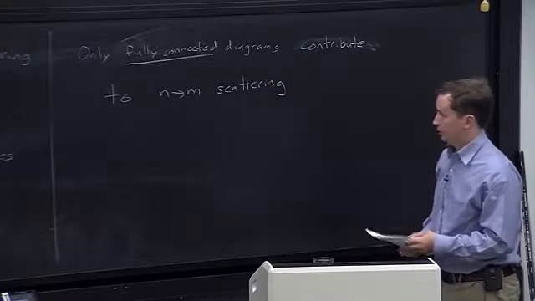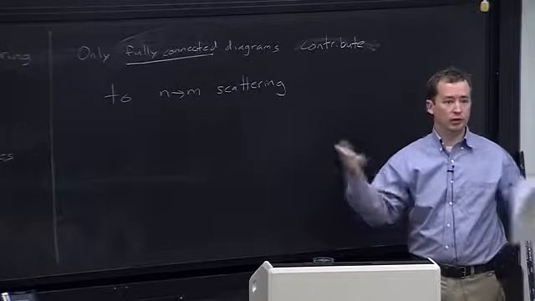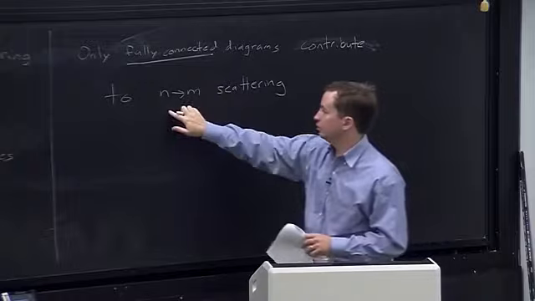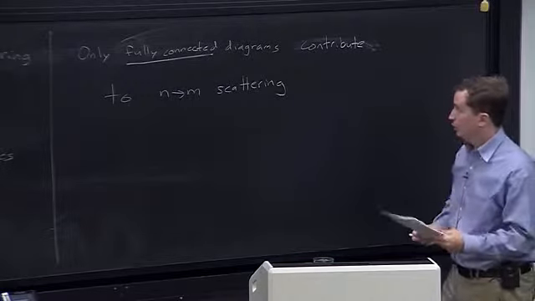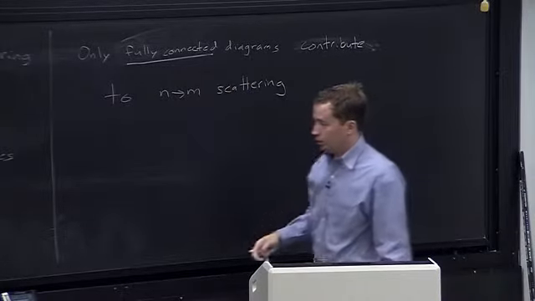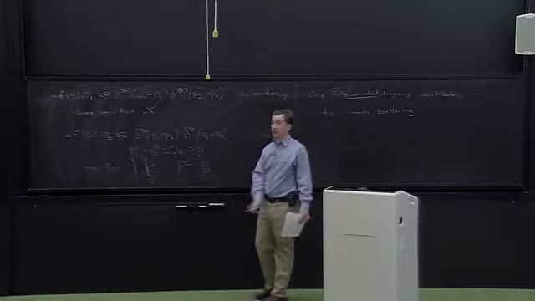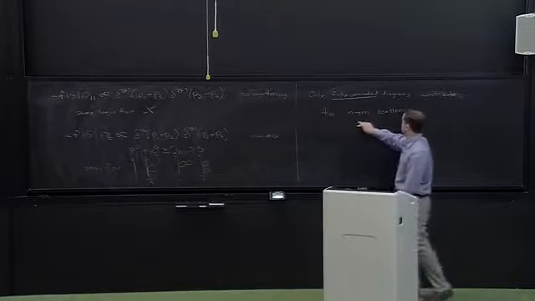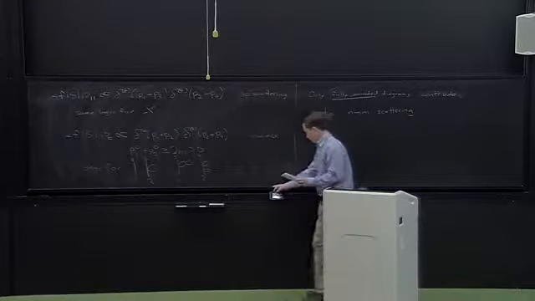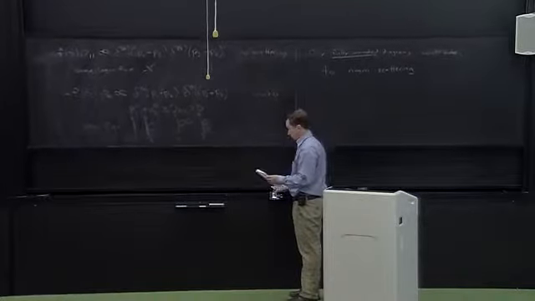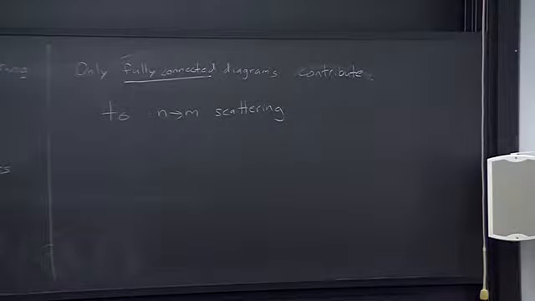It's possible, if we're interested in, say, 4 to 4 scattering, we could have a disconnected diagram that corresponds to two independent 2 to 2 scatterings. Again, we wouldn't say that's interesting if we're interested in 4 to 4 scattering. So only the fully connected diagrams, where there's a path we can take from any external point to any other external point, contribute to N to M scattering. So that tells us that the first interesting diagram occurs at order lambda.